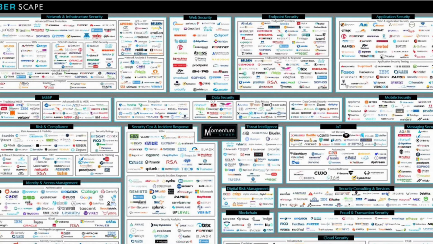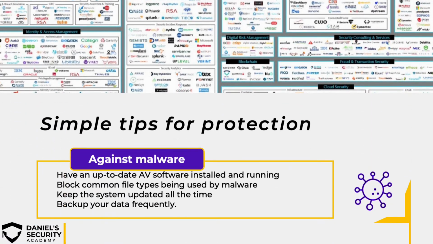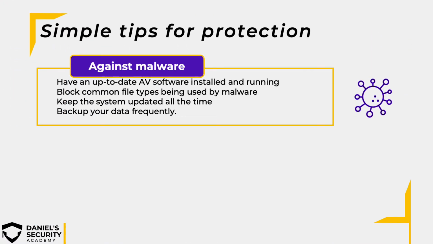I pretty much brought some simple tips for protection. Those are primarily, let's say, for end users rather than for enterprises, but some of those are also enterprise focused. So, let's walk through it.